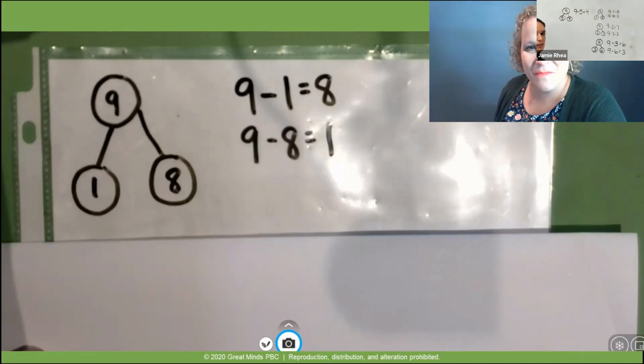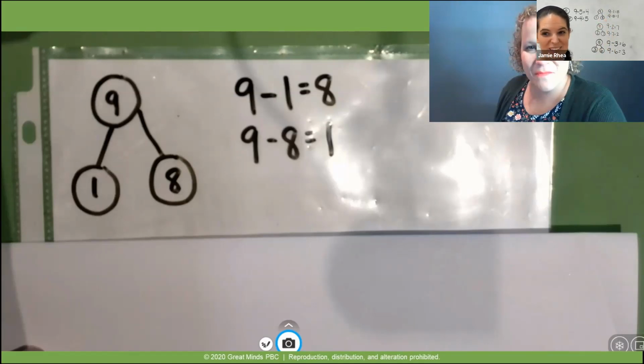Now, if I want to write that a different way, I could say 9 minus 4 equals 5. Now, is there another way I can do this? Remember a long time ago in our lessons, I showed you a good way to check to see if you had all your numbers. We have 1, 2, 3, 4, 5, 6, 7, and 8.